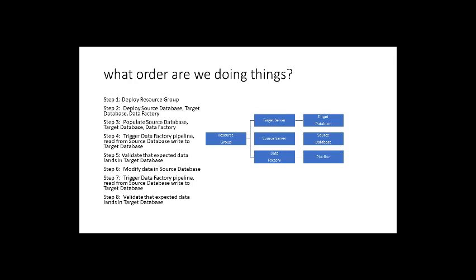We're going to create a target database, a source database, and a data factory, and then we'll populate the data. We'll populate the databases with data, and we'll populate the data factory with a pipeline. At each step, we're going to validate our assumptions. We're going to make sure that what we expect is what we get.